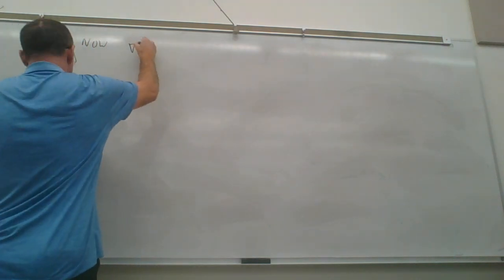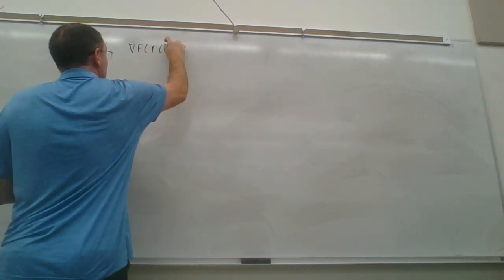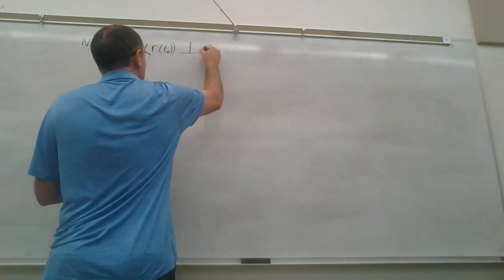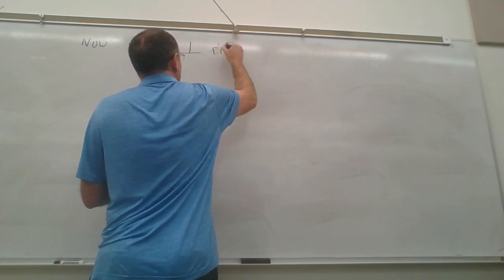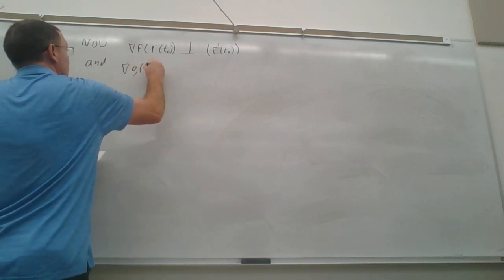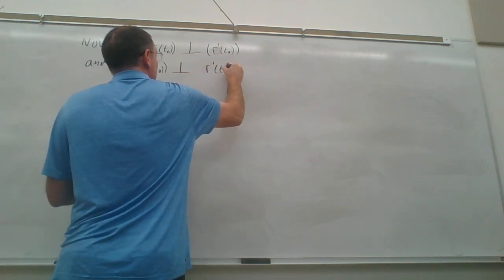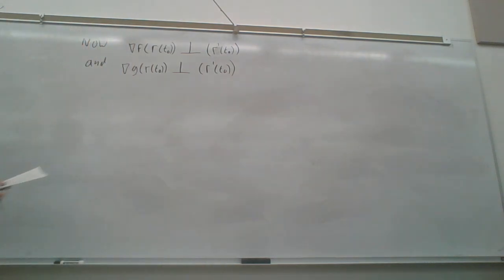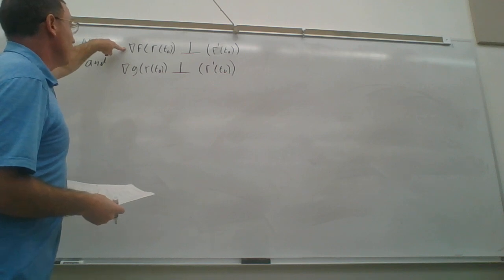Okay, so summarizing, we've shown the gradient of f at r(t0) is perpendicular to r prime of t0, and the gradient of g is also perpendicular to the same r prime. These are all in the xy plane.